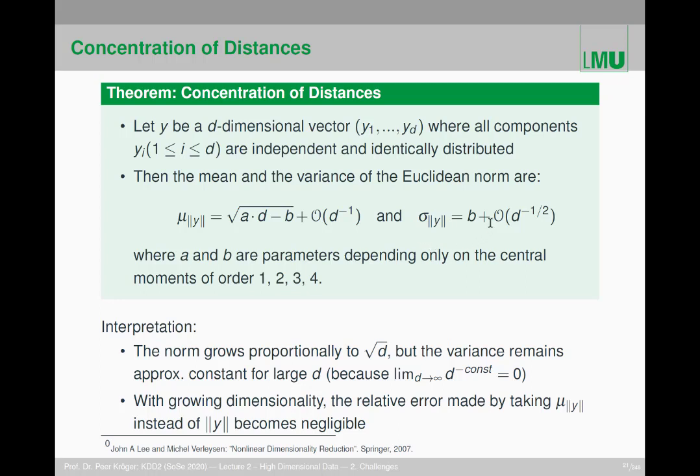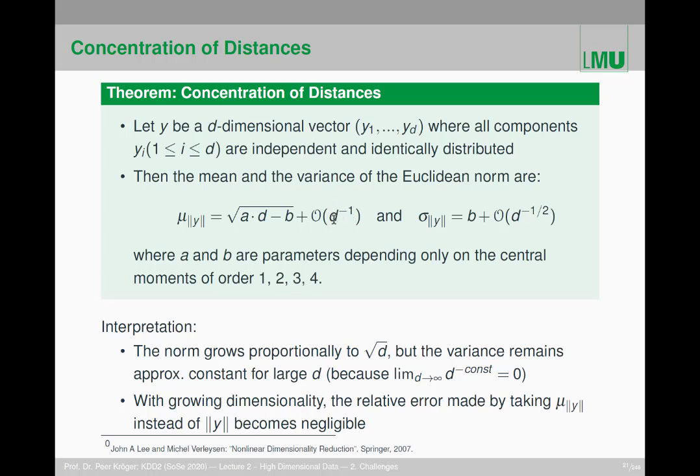Sorry, I misspoke: the mean of the norm grows proportional to the square root of d, because this factor here and this factor here are negligible. If d grows, d to the power of minus some constant tends to become 0, so this tends to become 0 in high dimensional spaces.